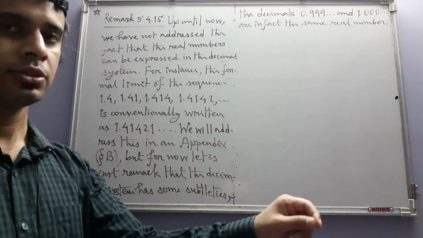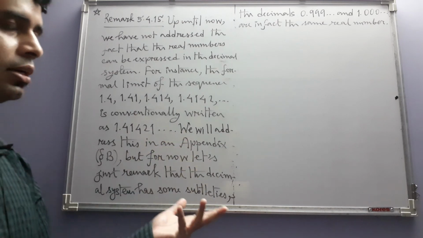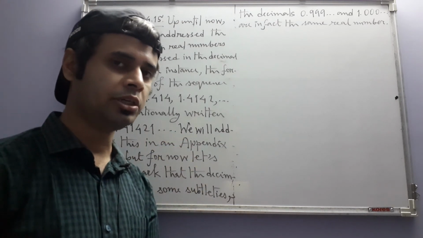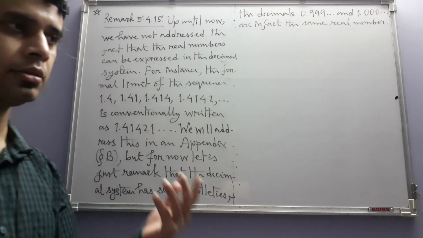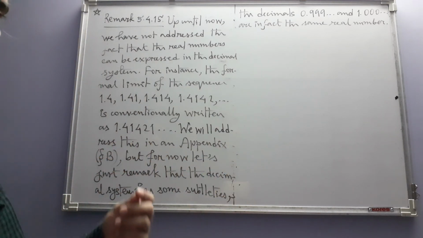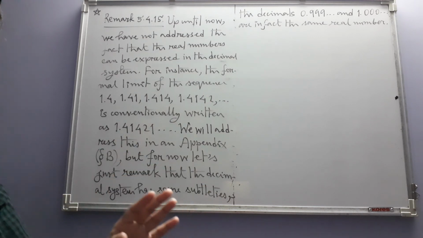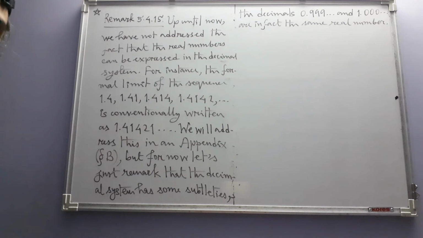It has points on the line, but there are gaps. For example, where square root of 2 should be on the line, the rational number system has nothing.